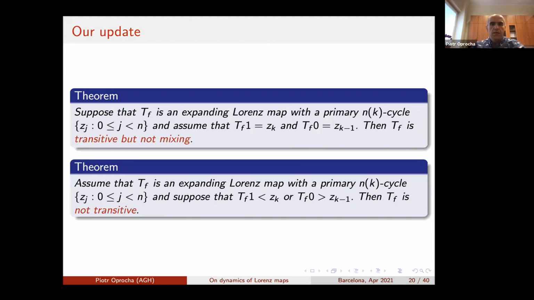And then it is what we observed, that if you have this primary NK cycle, then if 0 and 1 go exactly to what was in the previous example, then you have transitivity, but you don't have mixing. And if one of these inequalities is strict, then you don't have transitivity.